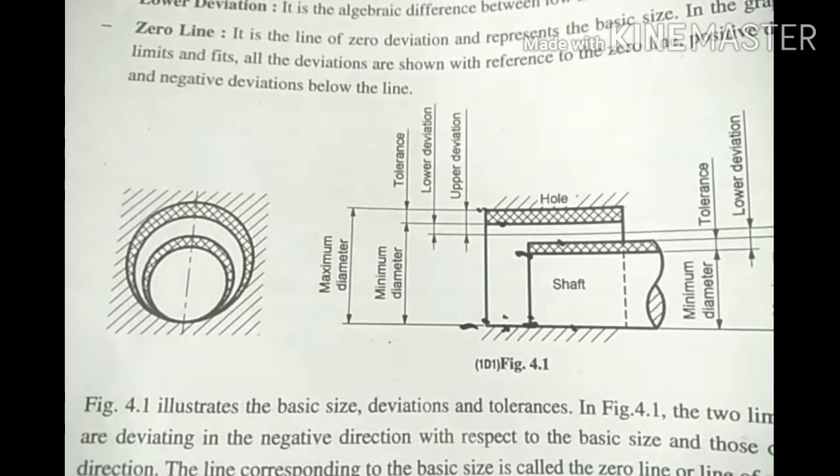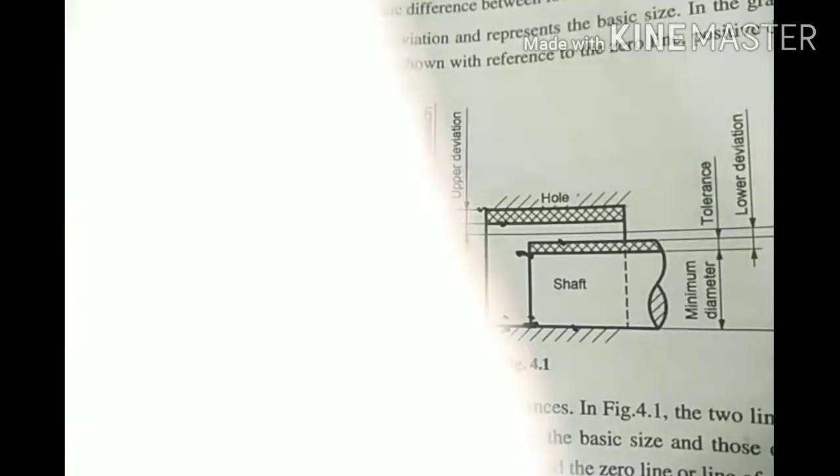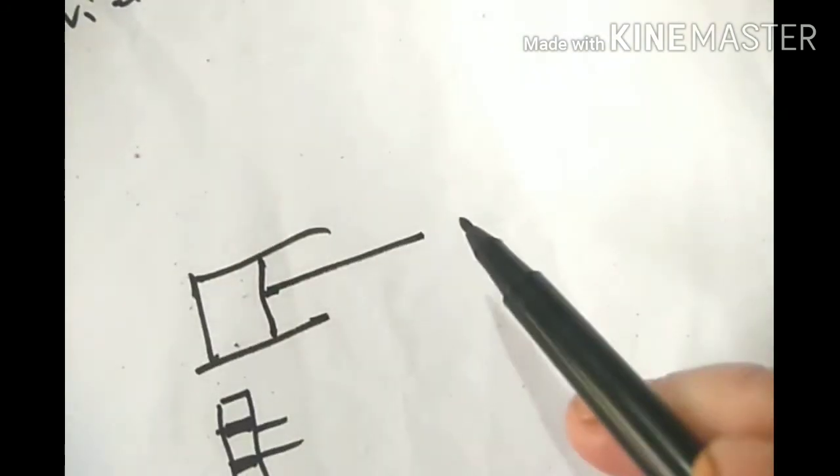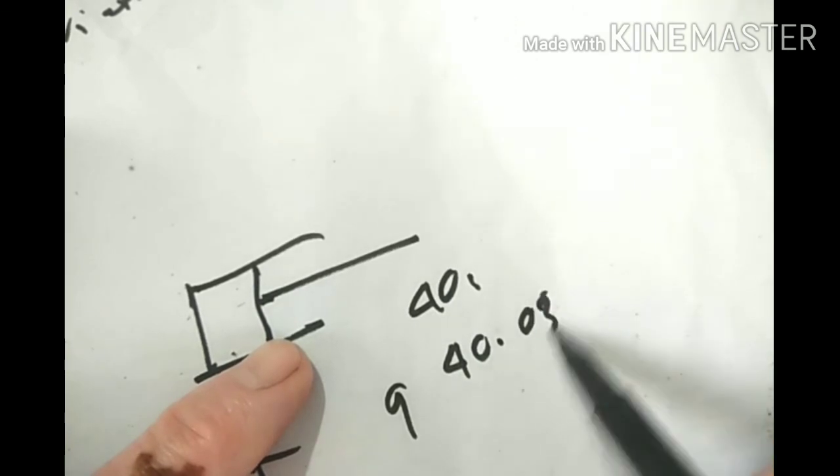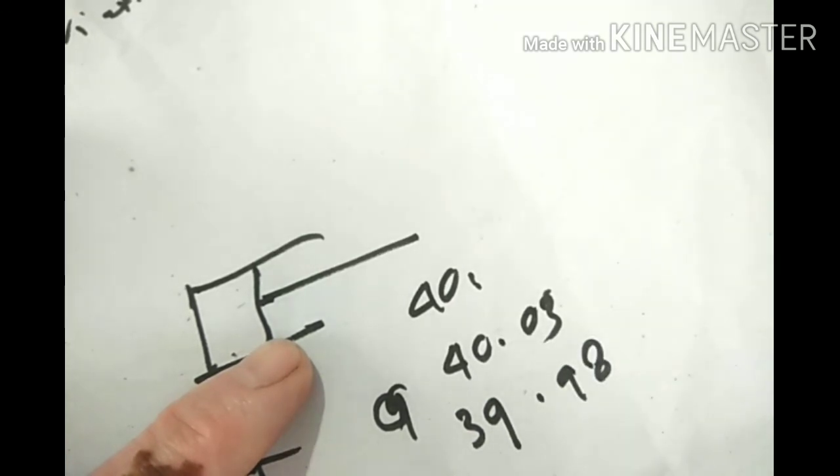For example, suppose you made a part whose basic size is 40, according to design 40, and the component is made 40.03, and say the second or lower limit is 39.98.